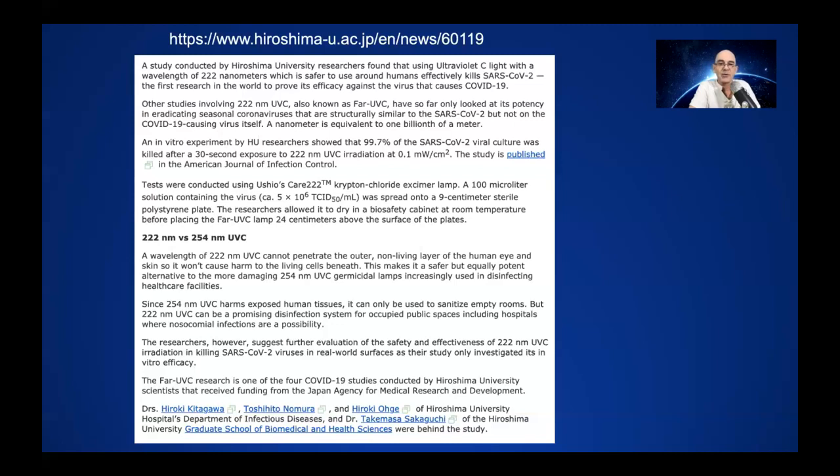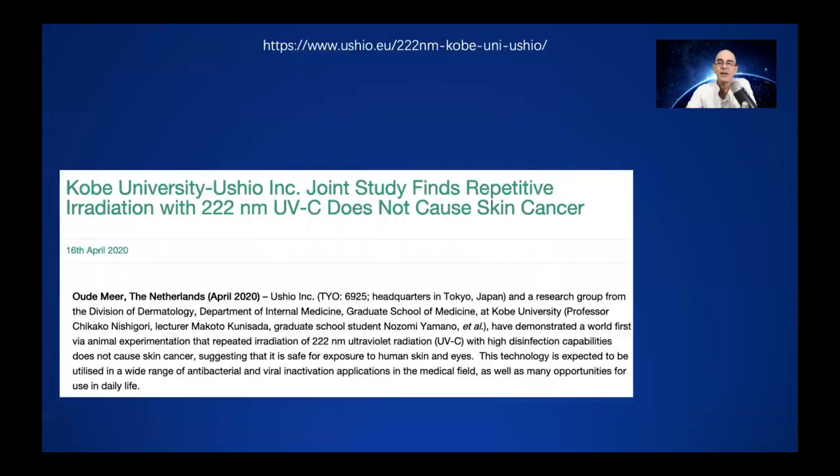It's kind of dangerous. And so these kind of lamps need a lot of protection. They need to be shielded so you can't see them. You need to wear protection, gloves and other things to stop yourself from being burned. It's very, very dangerous. So our light, which is 222, is safe, and it's been proven to be safe in that report.